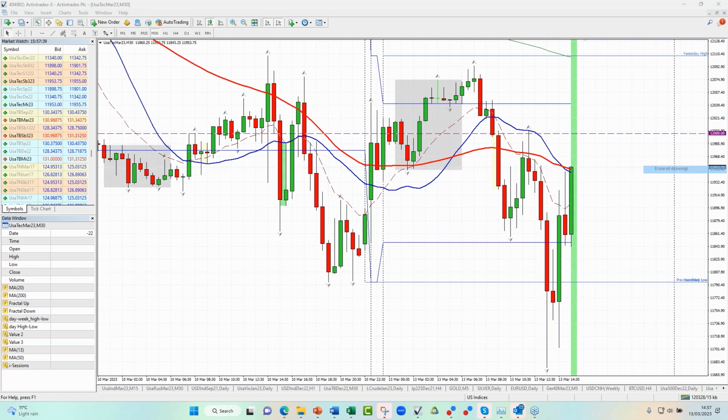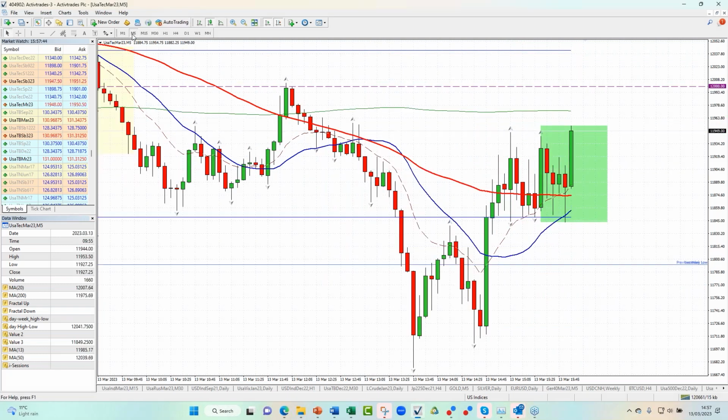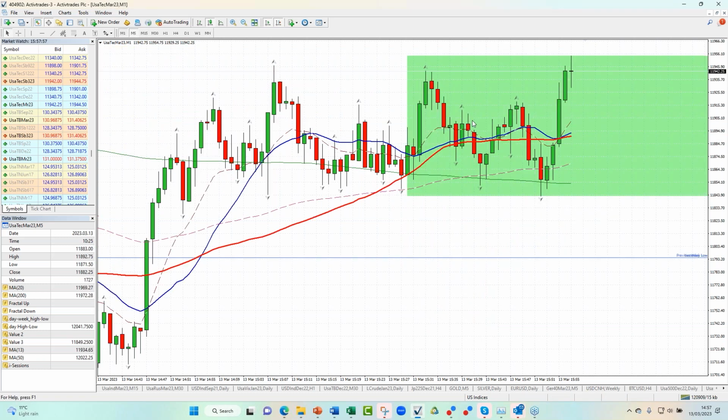So I'll be watching to see how this plays out on that 5-minute chart. I see that as a very nice double bottom just before we run into the US Open. Maybe that's taking the sting out of it, and I'll be looking to see how that plays out.